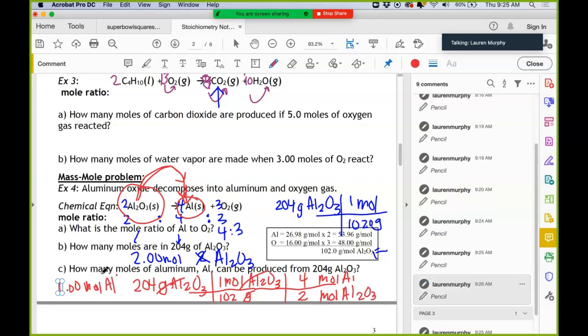Oh, sorry. I lied. It's 4, right? 4 moles of aluminum. 204 divided by 102 is 2. 2 times 4 is 8. 8 divided by 2 is 4. So then I'll get the question, well, if I already found moles here, couldn't I have just done mole to mole ratios from here? Yes, you could have, but I'm trying to practice the long way with you.